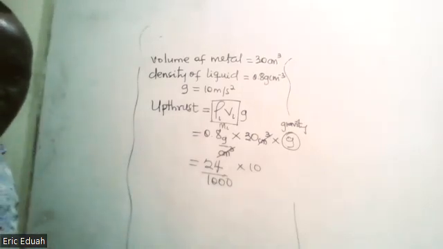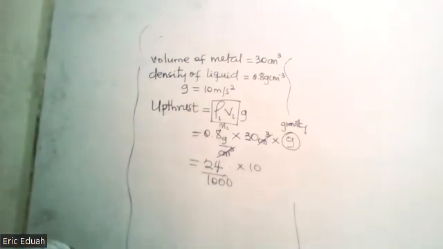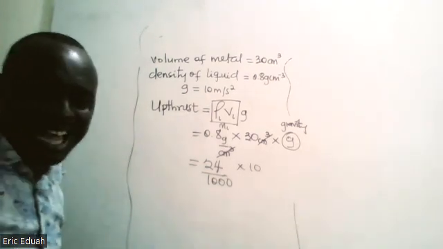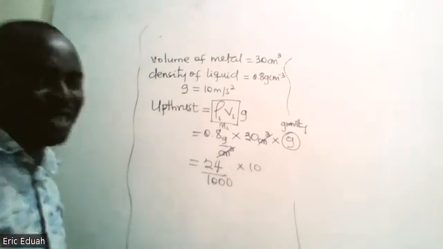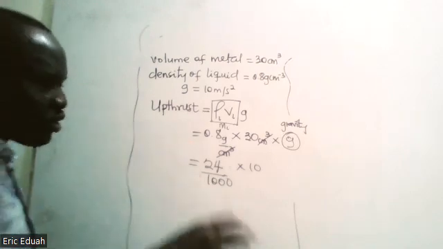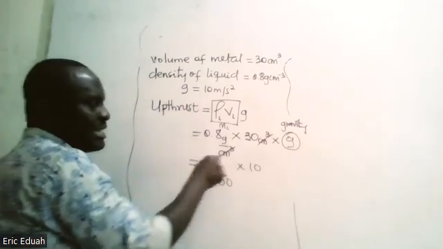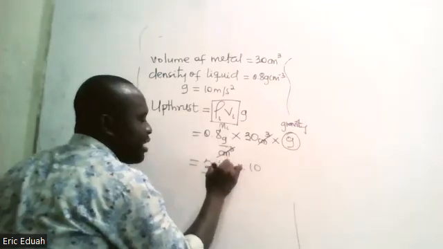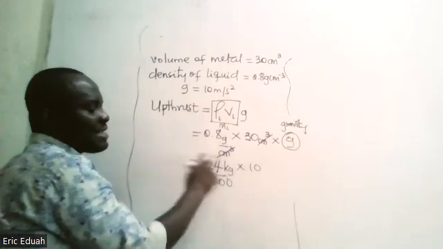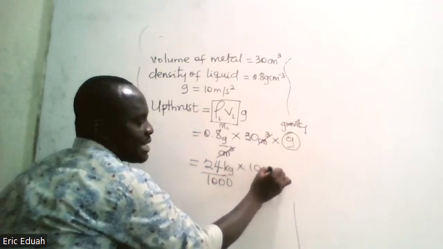Can't you also multiply it by 0.01 Newton? Perfect. That's another option, and that's the next thing I was coming to talk about. Either you convert the mass in gram to kilogram by dividing through by 1,000, then times 10. The acceleration due to gravity is in meter per second squared.